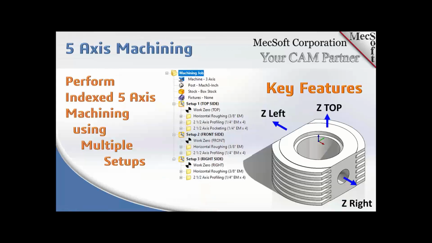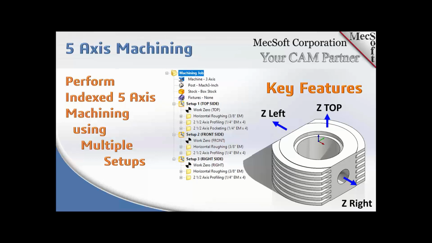Next slide, Joe. Okay, we have this slide here just so you know that you can run 5-axis in an indexed orientation, meaning that you can index your 5-axis machine to access any side of the part that you can get to in a 5-axis setup.